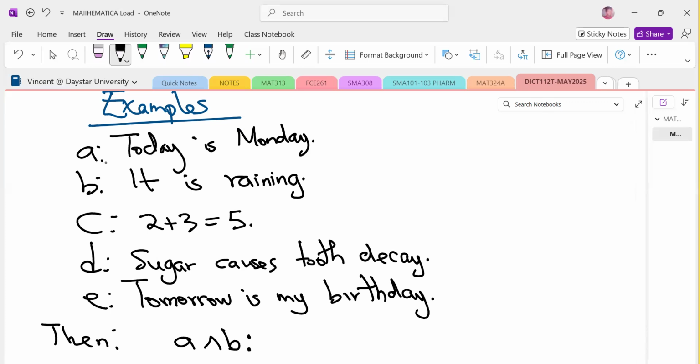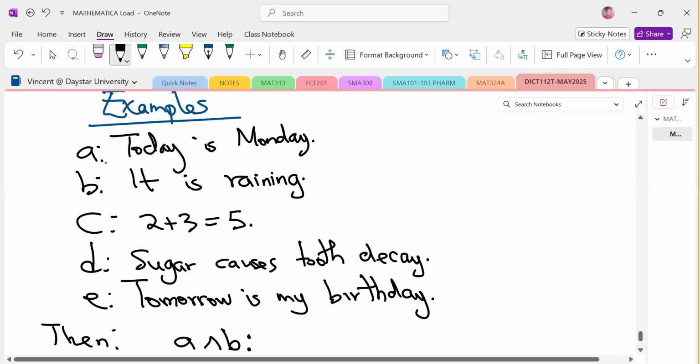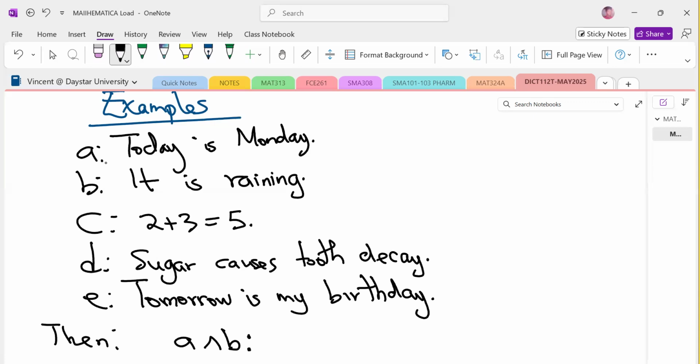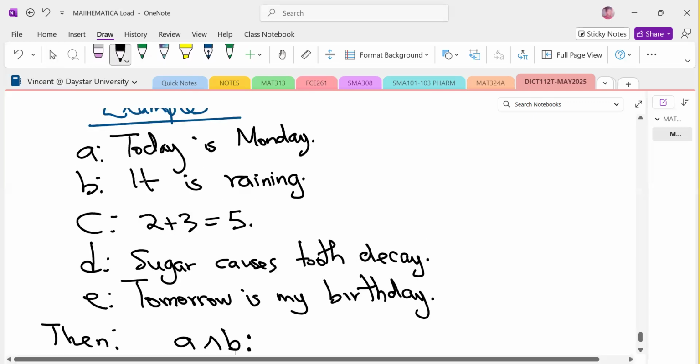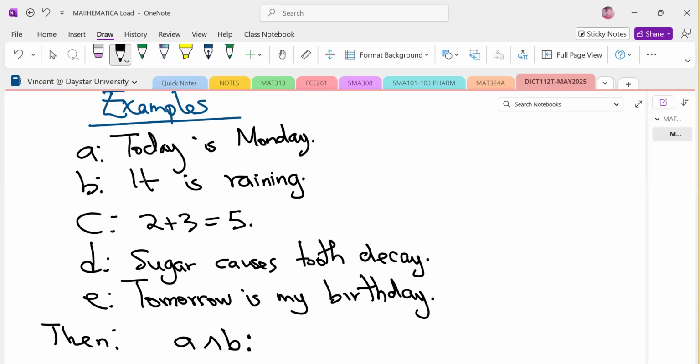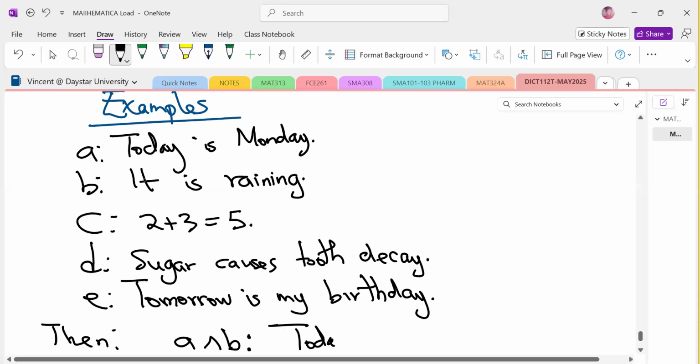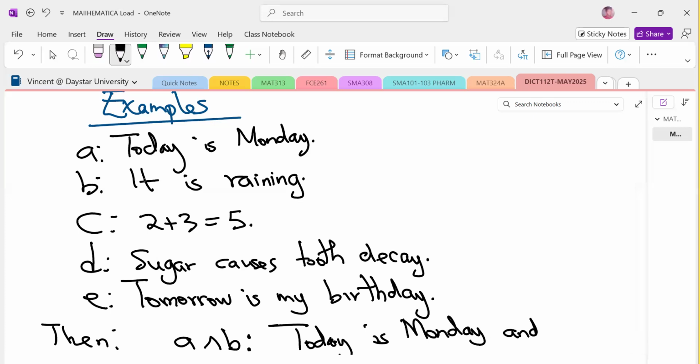So that's the correct answer from the definition, because we simply say that if we have two statements, P and Q, then the conjunction of P and Q is simply the statement P and Q. So you write the first statement P, delete its full stop, replace it with the word and, then join the second statement. So the answer here, as it has been said, will be: Today is Monday, and it is raining.